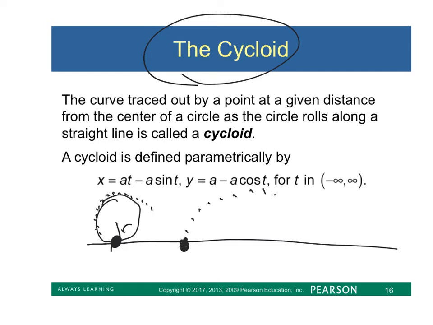That goes around, that wheel goes around, that dot, you see it? And that's really what's happening here. This shape here is a cycloid.